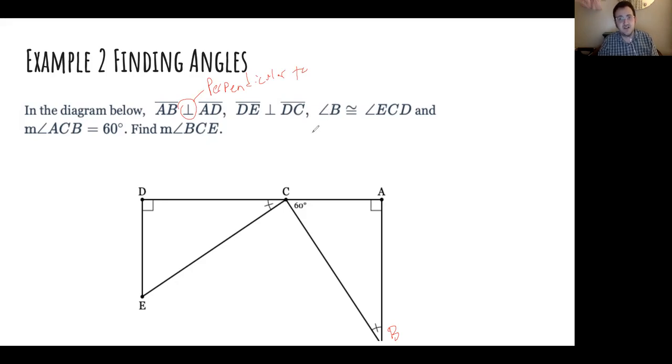So they already marked in those right angles, and they also marked in the congruent angles as well. And ACB is equal to 60 degrees. Find the measure of angle BCE. So this triangle I know a little bit more about because I have 2 out of the 3 angles. So I'm going to call this angle X, or we could just say the measure of angle B.